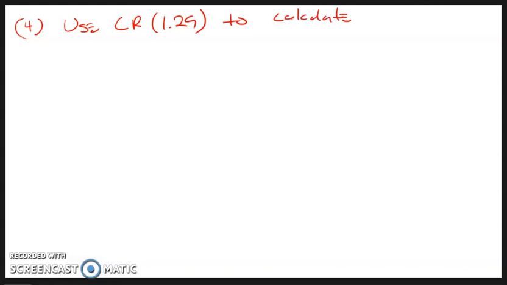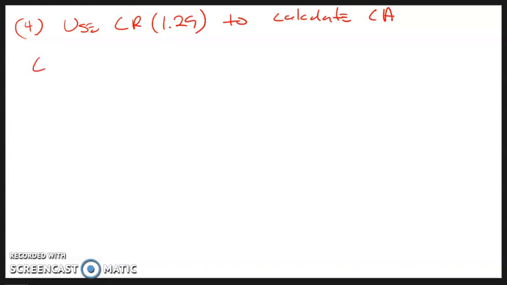Okay, now we're going to use the current ratio, 1.29, to calculate current assets.